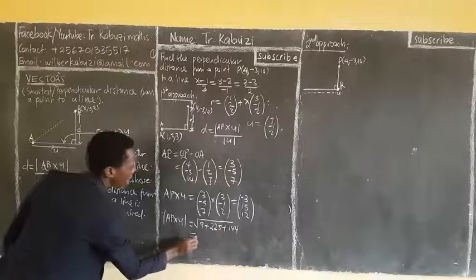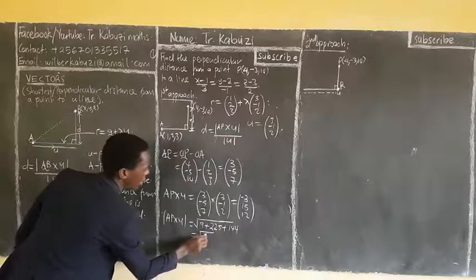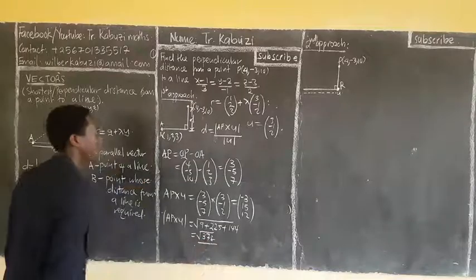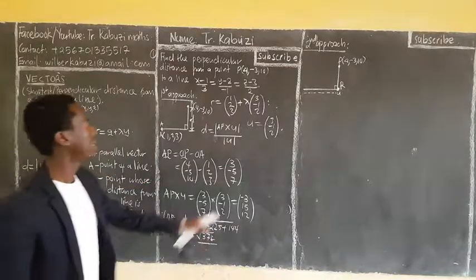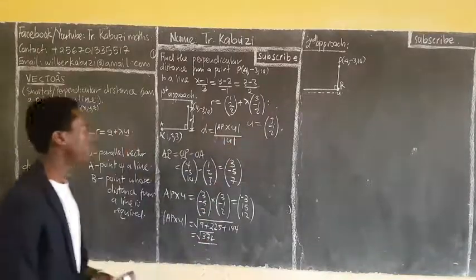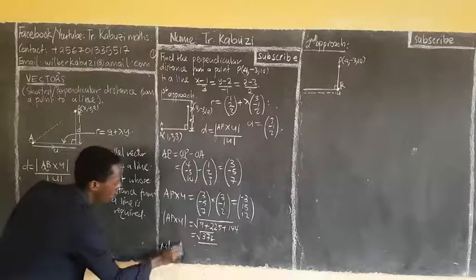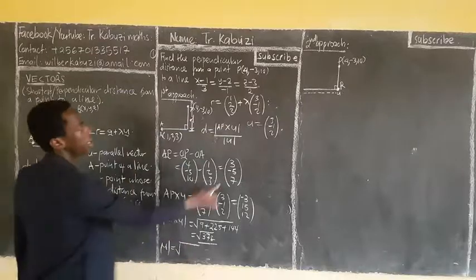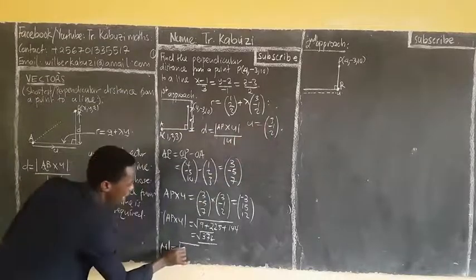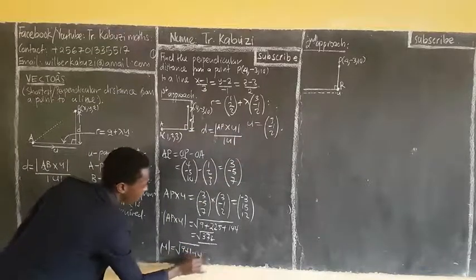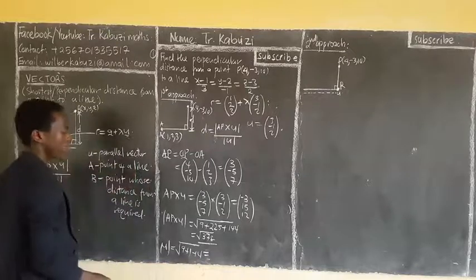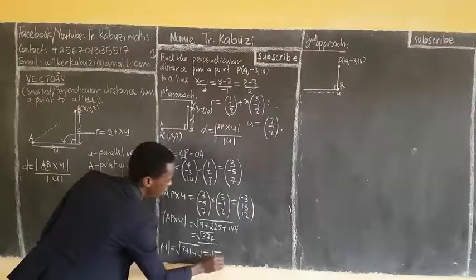The answer we get there is root 378 units. Now, solve the magnitude of U. The magnitude of U will be the square root of 9 plus 1 plus 4, which will be the square root of 14.